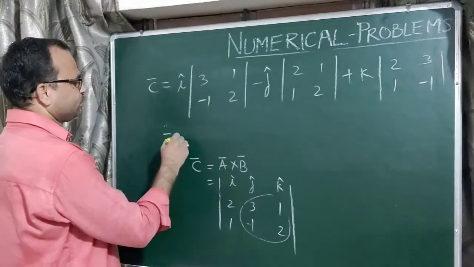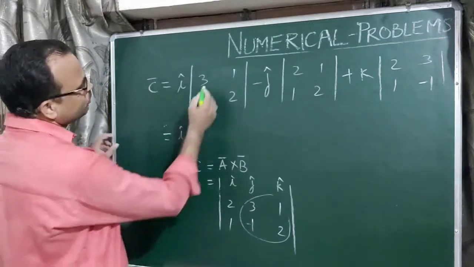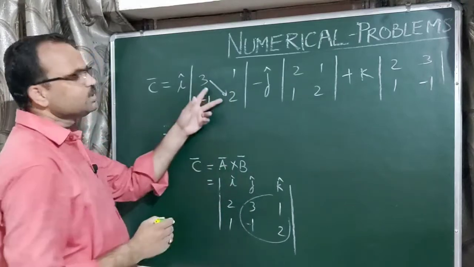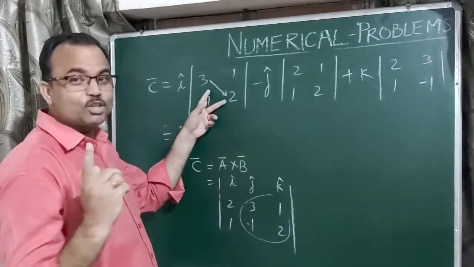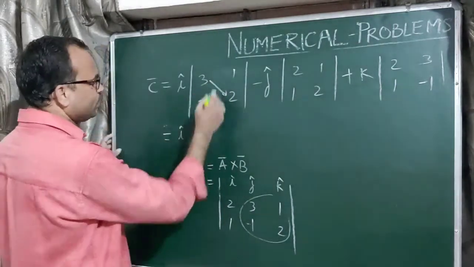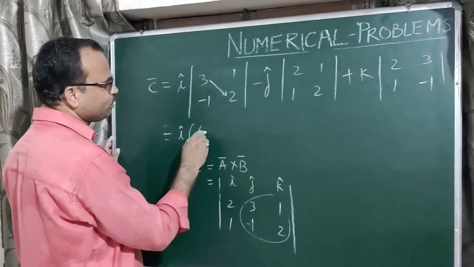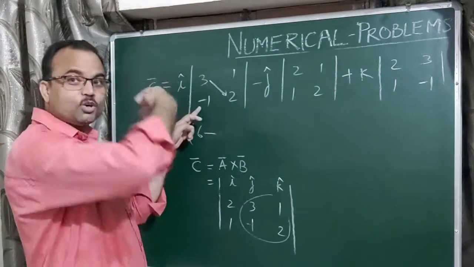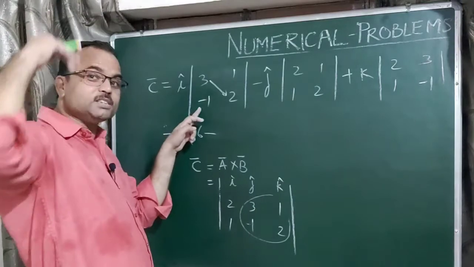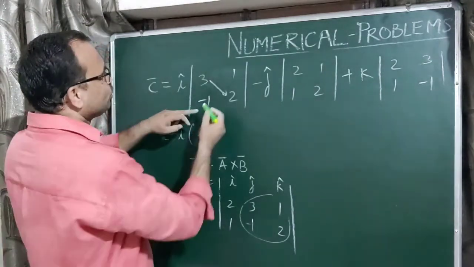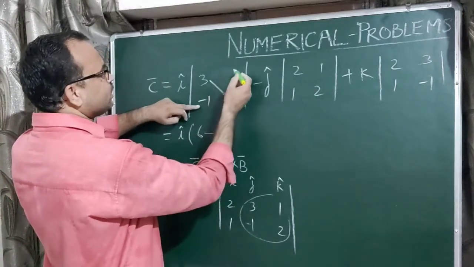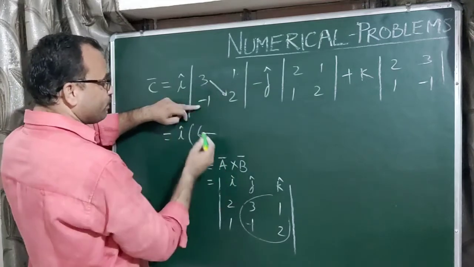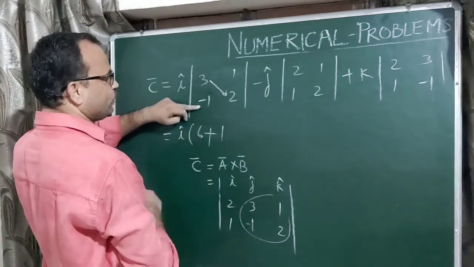After that, solve these smaller matrices. First we move top to bottom. This is positive. So 3 times 2 is 6. Then put minus for the other diagonal. So minus 1 times 1, minus 1, minus minus plus 1.